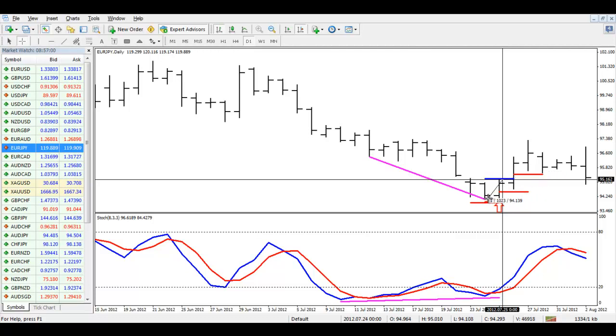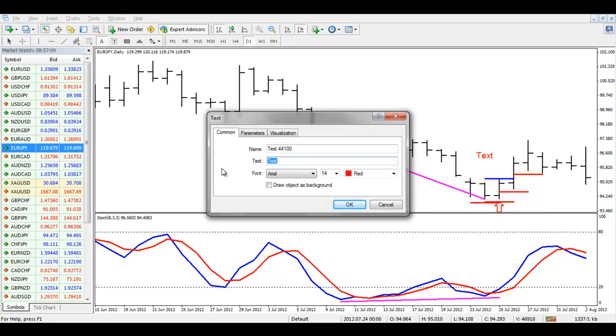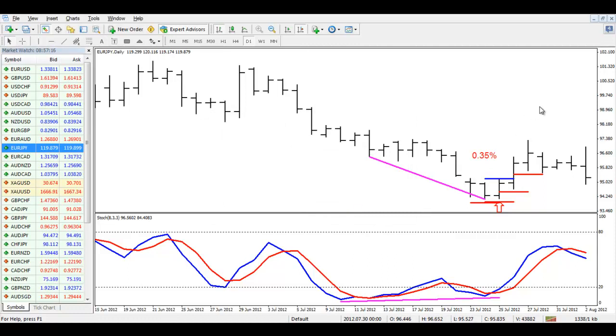And we were risking 110, so we made about 0.35%. Very small winning trade, but a winning trade is better than a losing trade. So we achieved 0.35% win, which we'll mark there.